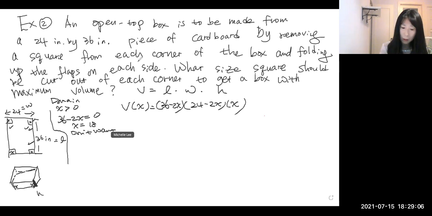How about 24 minus 2x set equal to 0? Then what will x be? 12. So this is okay in the width, and this is okay with the length. We don't get a negative, right? Okay, so let us pick 0 and 12 as endpoints here.